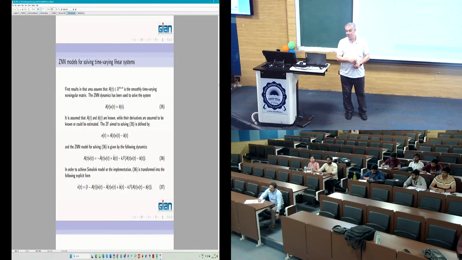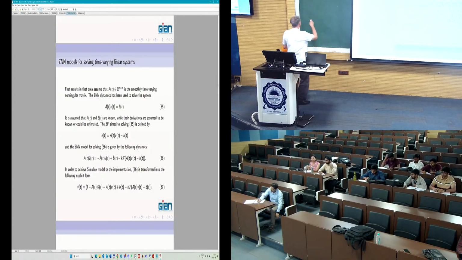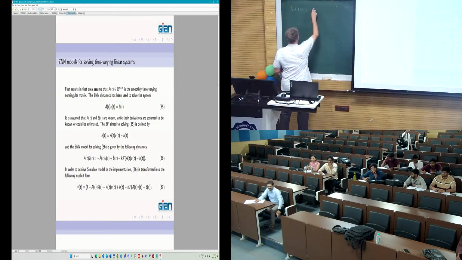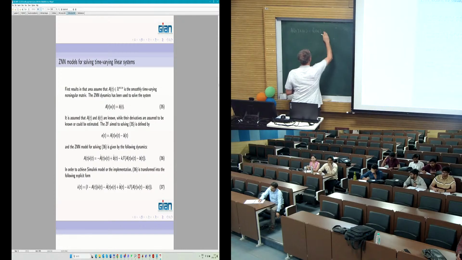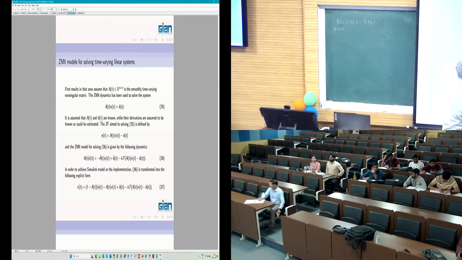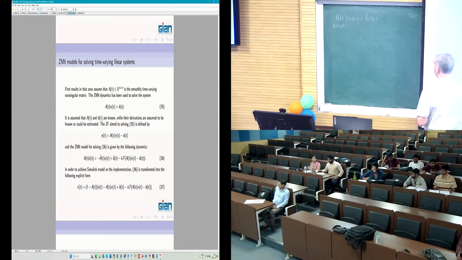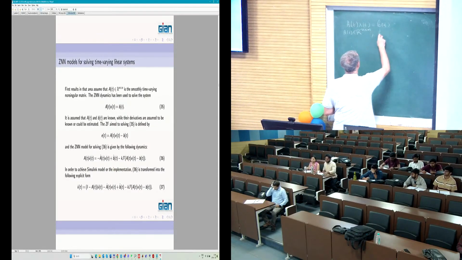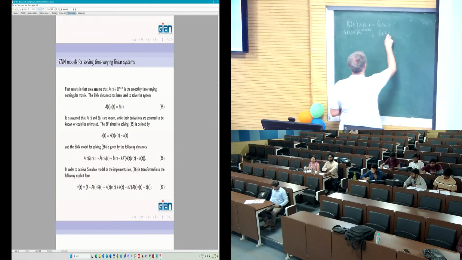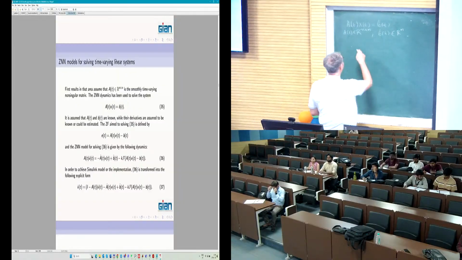Computing eigenvalues, and again x of t. So we consider A of t, B of t, and x of t here.